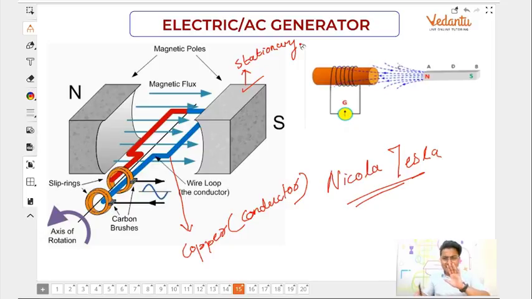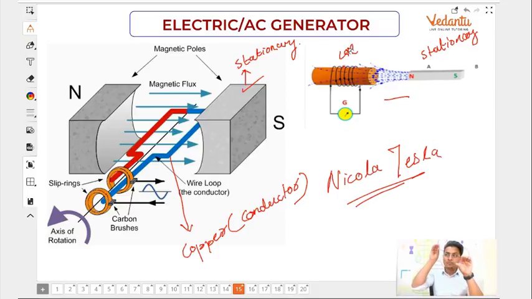It's pretty simple, guys. Just understand from this particular part here. If I keep the magnet stationary and move the coil instead of moving the magnet, then also the magnetic field associated with the coil would change, no?